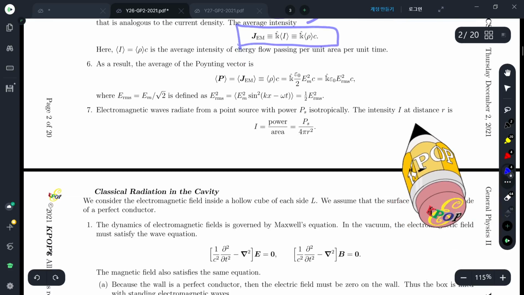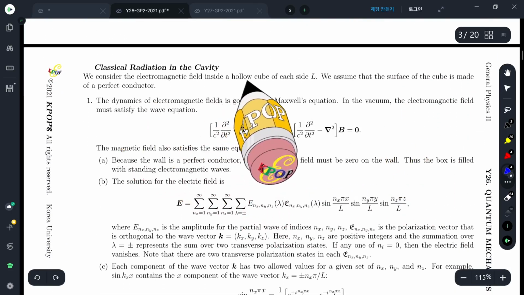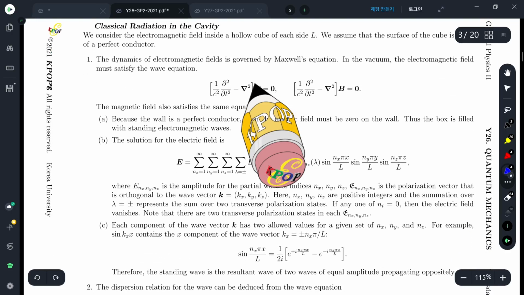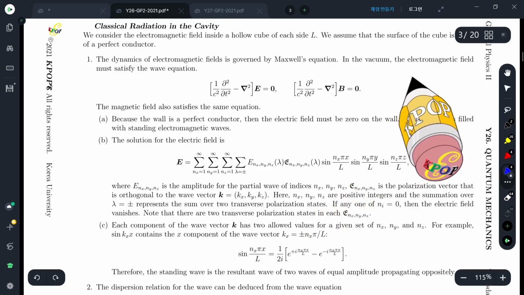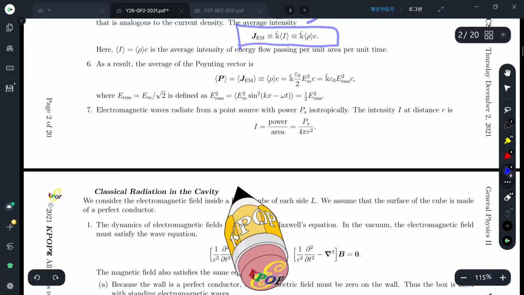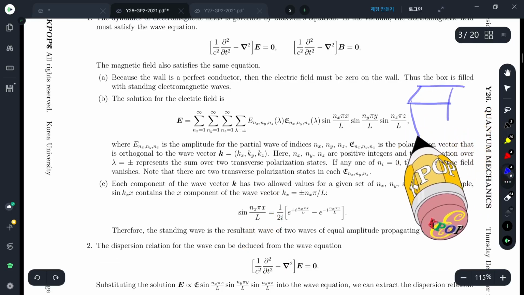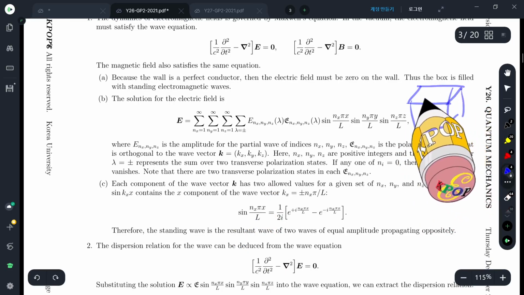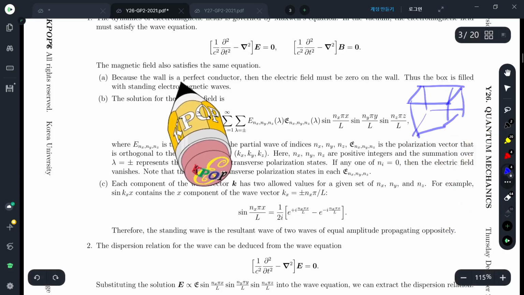So using this idea, we can compute the classical radiation in the cavity. And just like what I have told, the one-dimensional case is generalized to the three-dimensional case. So consider a cube, and the electromagnetic field is trapped inside the cube, a perfect conductor.